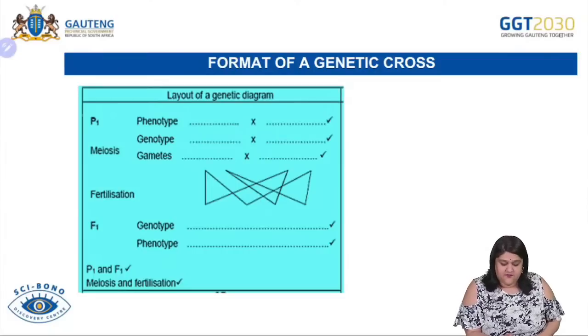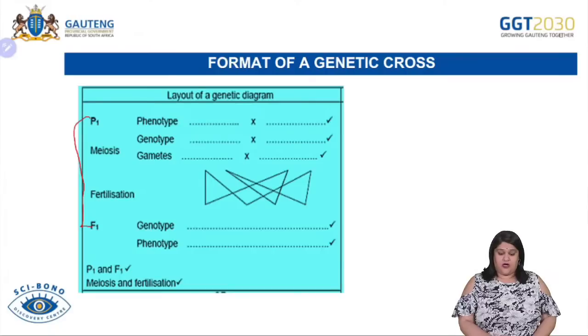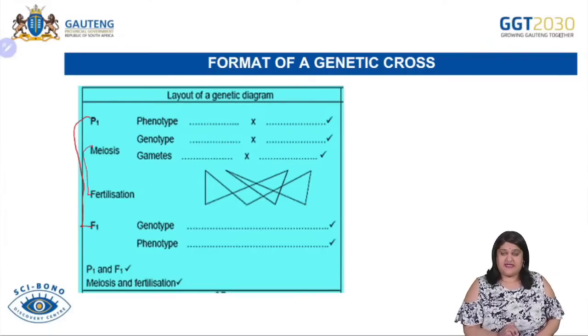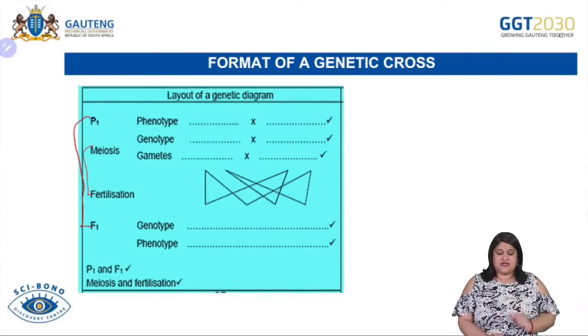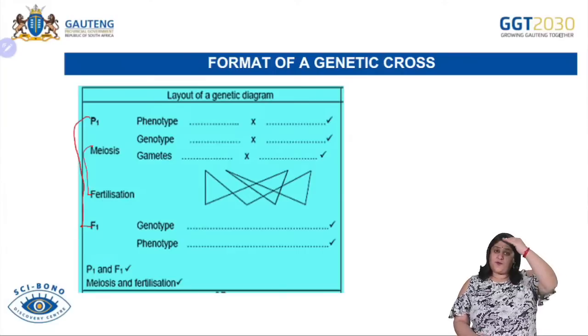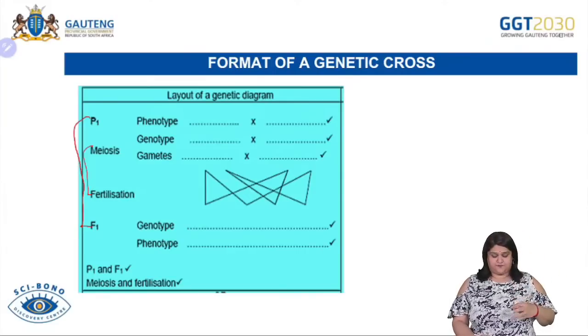Right, so we're first looking over here at P1 and F1. You get a mark for that. Then you get a mark for meiosis and fertilization. What's important is that you must remember that the P1 comes before, it's at the top of your genetic cross, because it's referring to the parent generation.